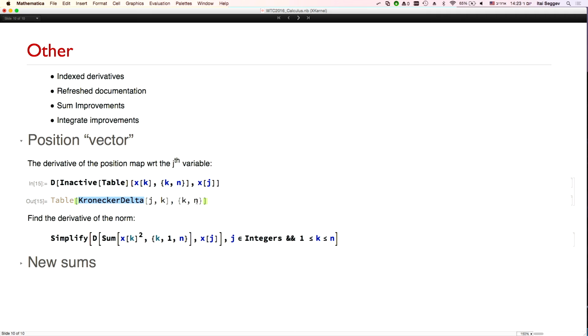A similar formula applies if you take the norm of that vector, the sum of x_k squared, and differentiate that with respect to x_j. In order to get a nice simple answer, I explicitly say that j is an integer and k is between 1 and n, and then you get 2x sub j. I will just say that as a geometer, I don't believe in the existence of a position vector, which is why it's in sarcastic air quotes.